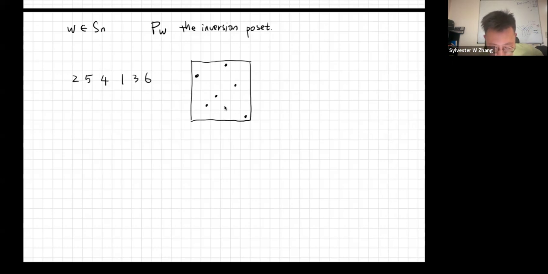You just put a dot on the second row for the first number, put another dot on the fifth row, and so on and so forth. And then I'm going to put arrows on these things. And then you have a single isolated element, so it's not a connected poset.